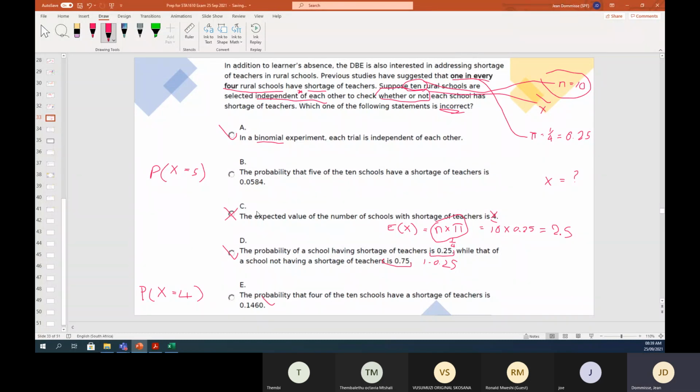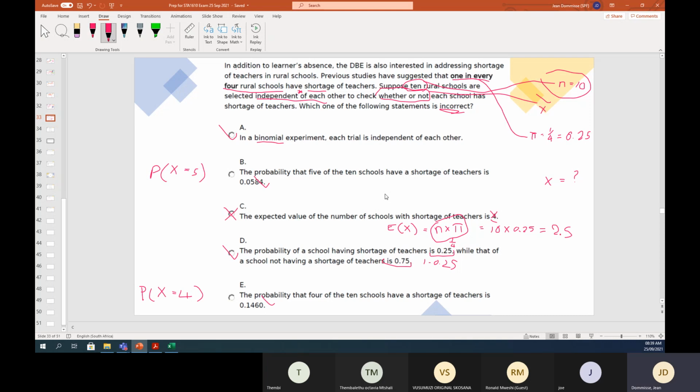And the probability of x equal to 5 is 0.0584, which is correct. But again, in the exam, you will have it printed. So hopefully, please try to, if you can, get it printed. It's just much easier to work with a printed version of the tables.